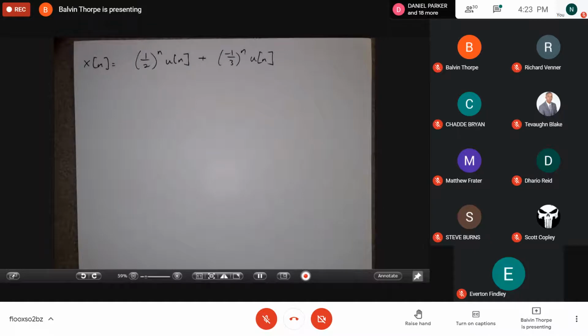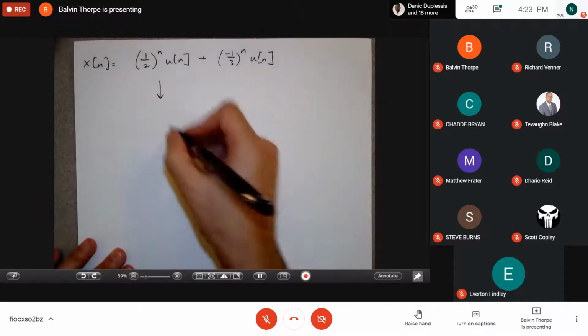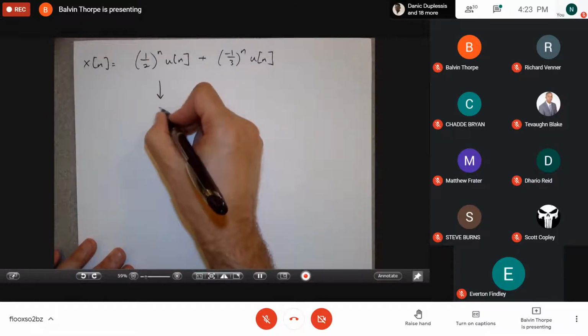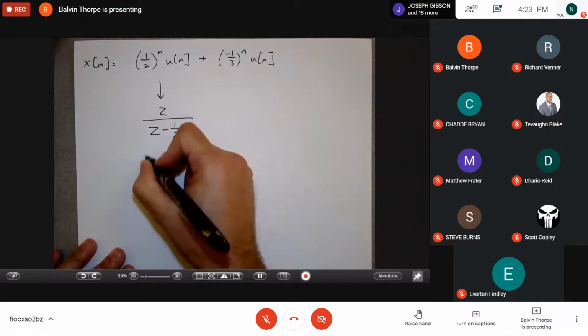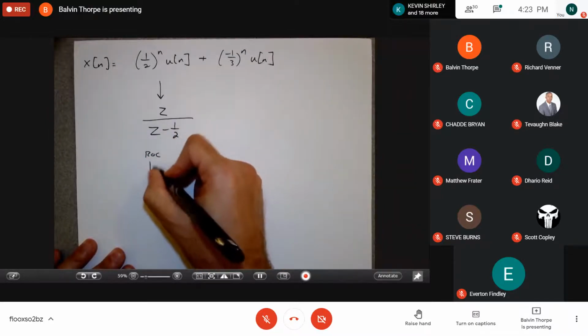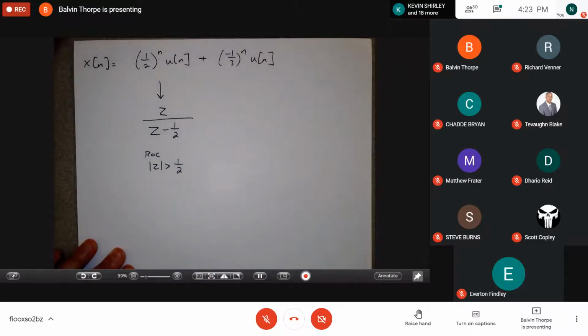This is not about just grinding through algebra. So here we can immediately conclude that this signal has a Z transform of Z over Z minus a half, with the ROC being the absolute value of Z greater than half. That's what we've learned just before.